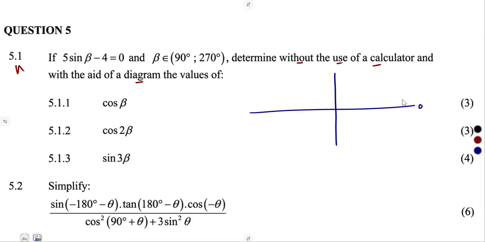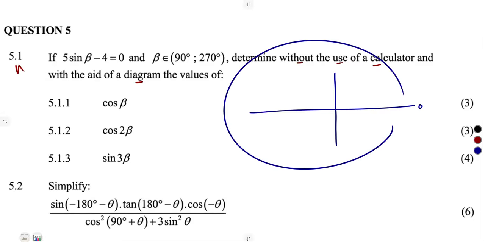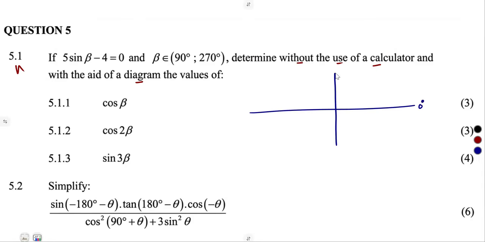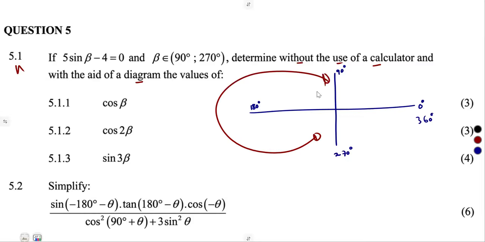As we have got our angles, these are positive angles in the anti-clockwise direction. That is going to be 0 degrees, 90 degrees, 180, 270, 360 degrees in an anti-clockwise direction. So 90 to 270, this is the interval that we are working with.